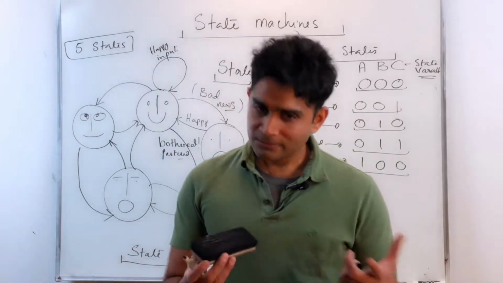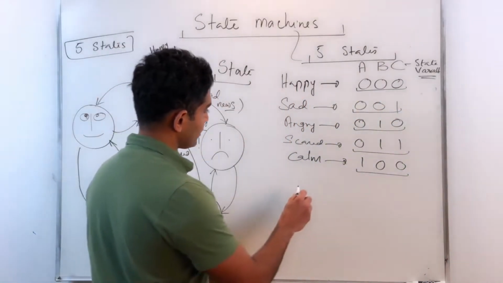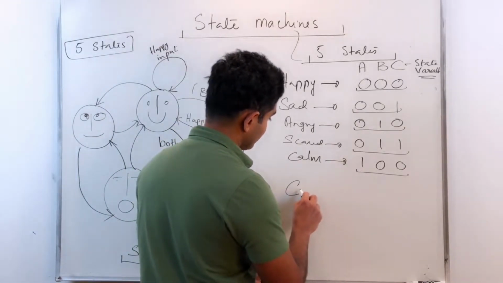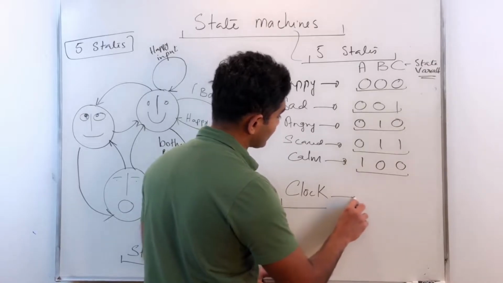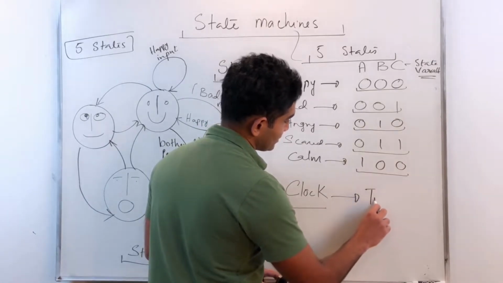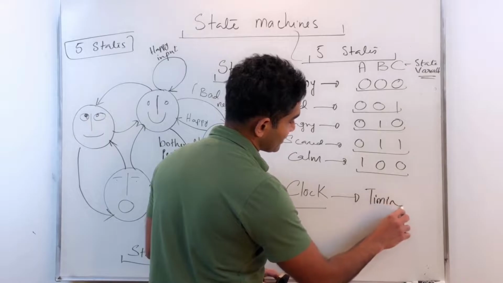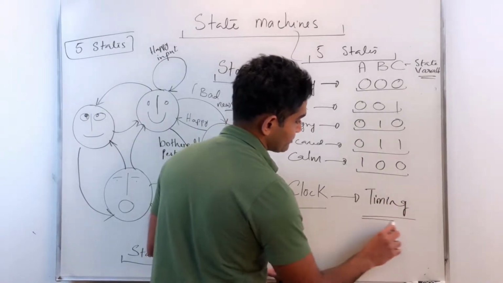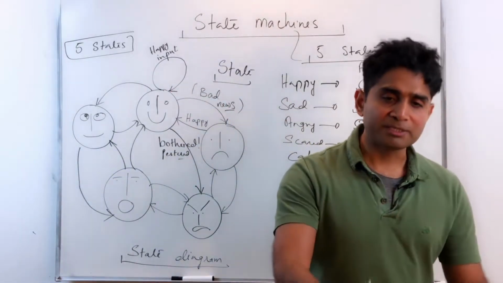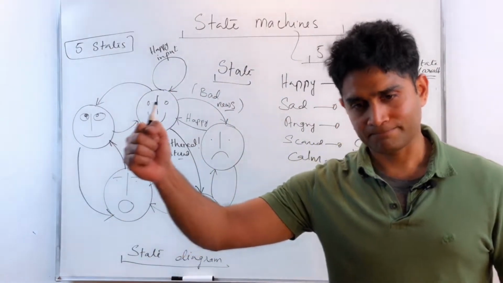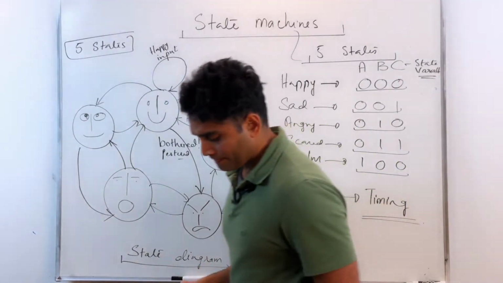Use a clock. I can use the clock, absolutely. So for a state machine, for an actual digital system, I can use a clock for timing, to incorporate the sense of time into my machine. As the clock signal progresses, my machine is progressing through time. Okay, so that's the idea.